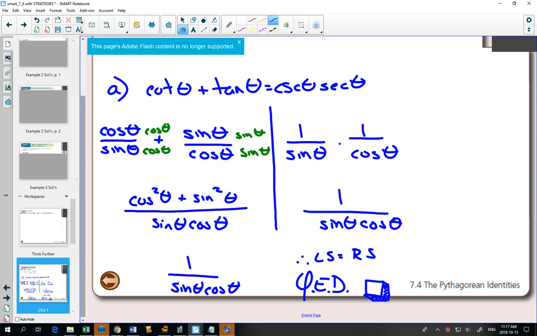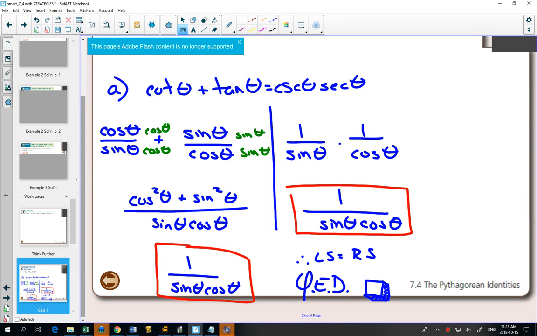Yes? So, on the left-hand side, do you have to show that it equals 1, or can you just write it how you want? You have to, in the end, whatever I write on this side has to be identical to what I write on this side. So you don't have to show that cos squared theta plus sine squared theta equals 1.